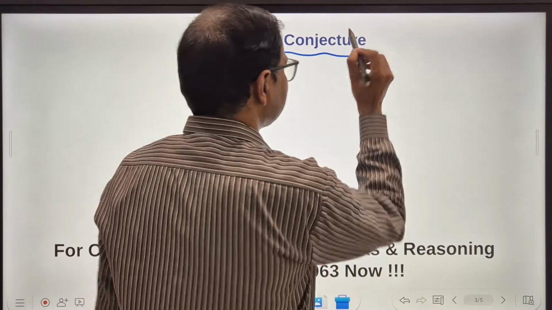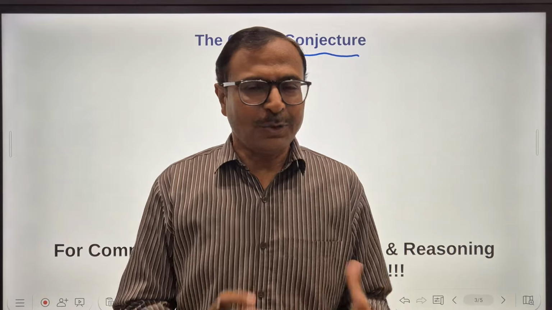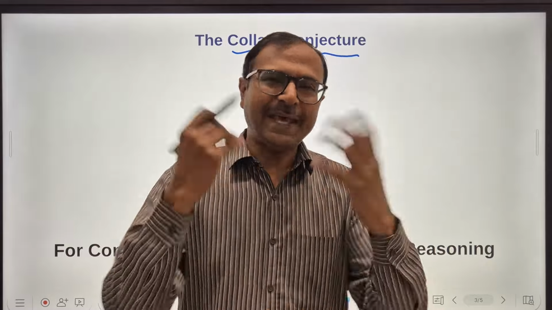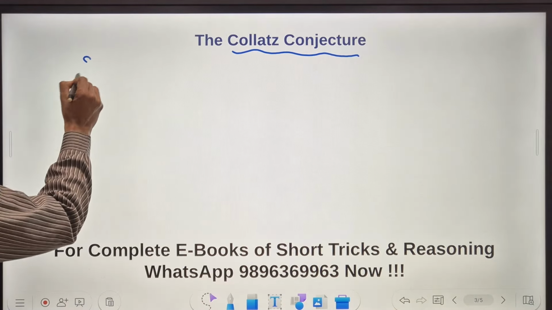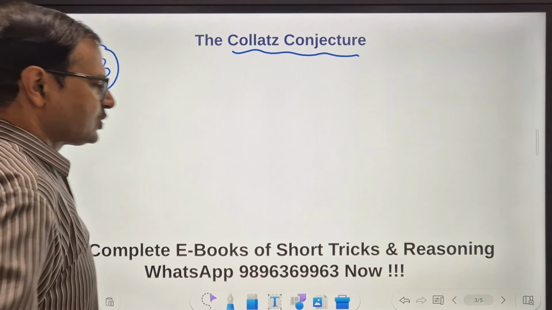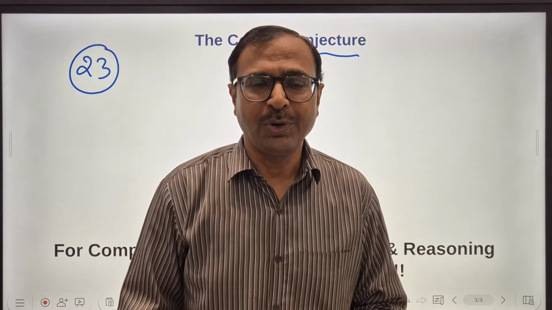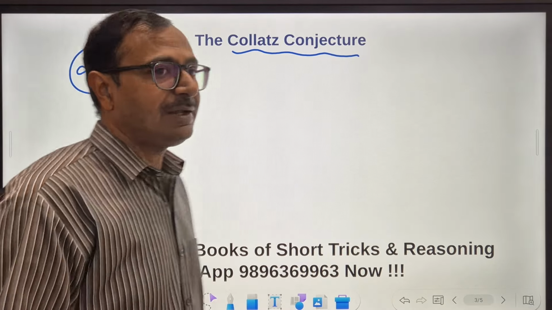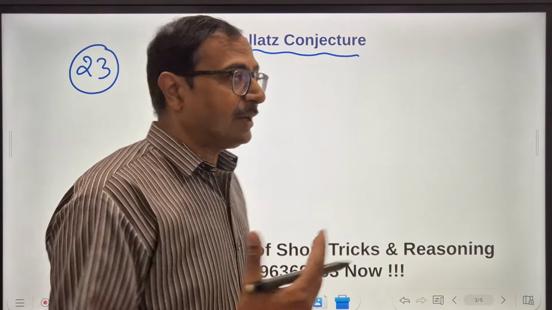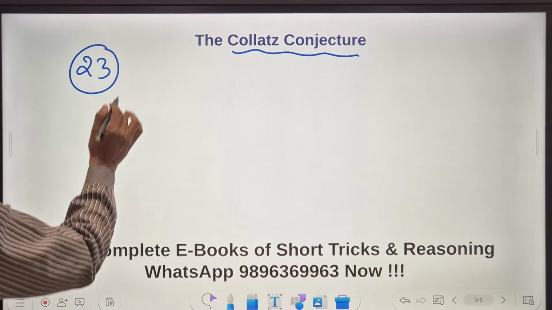The Collatz Conjecture. This is a very amazing property of numbers. What happens is, when you start with any number, let me take an example of the number 23. I'll take a small number first so that you understand what is going on here and what we have to do. So Lothar Collatz, in 1937, he was a German mathematician, and he gave this conjecture, the property of numbers, and he said that you start with any number.